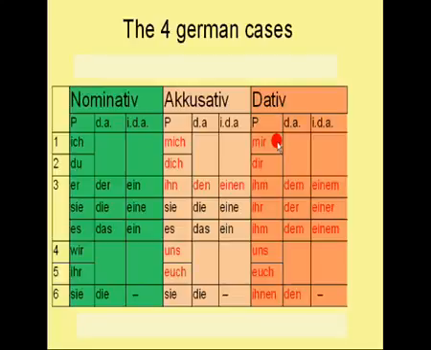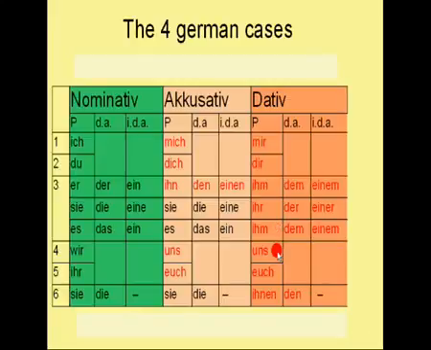The pronoun in the first person singular is mir. The pronoun for the second person singular is dir. For the third person singular, for masculine nouns, it's ihm. For feminine nouns, it's ihr. And for neuter nouns, it's again ihm.